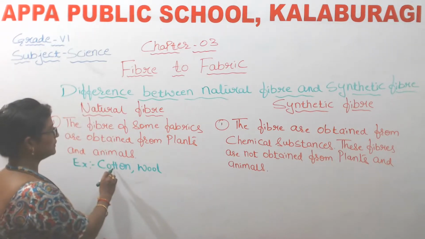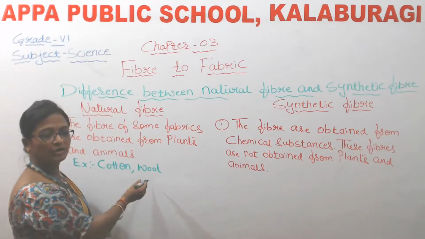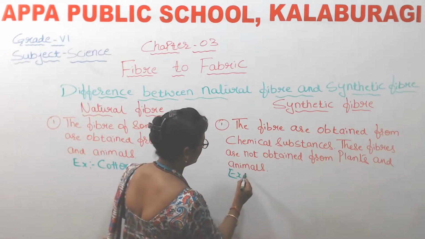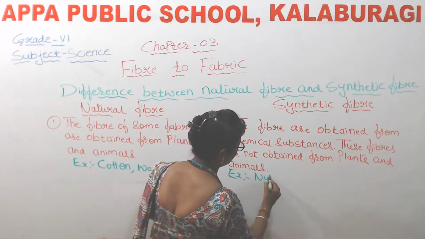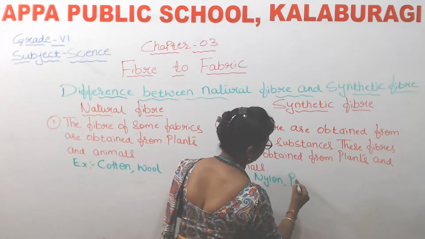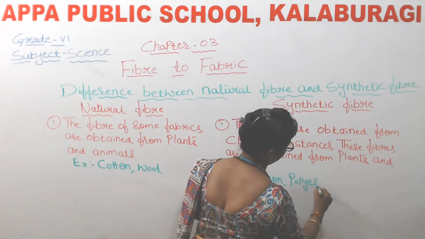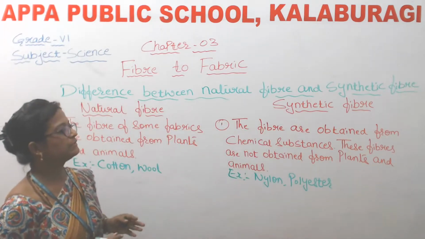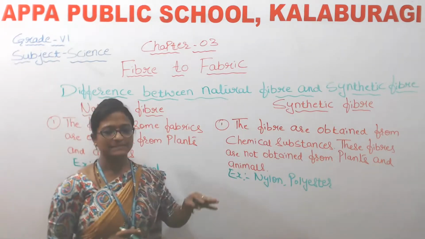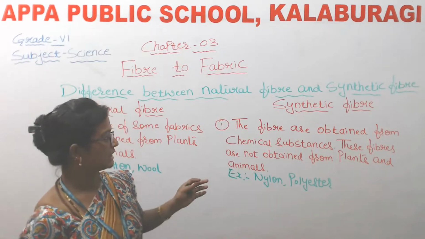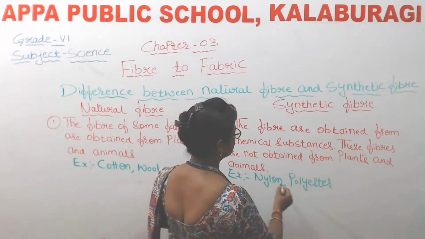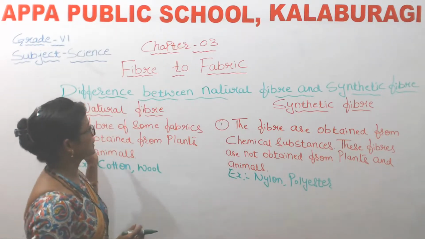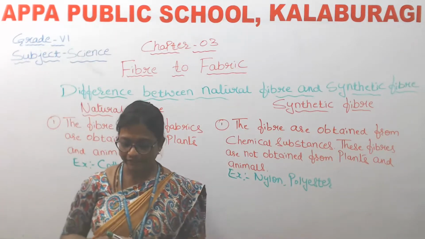Cotton we obtain from plants and wool we obtain from animals. And here, these are obtained from chemical substances. By combining the chemical substances, these synthetic fibers are made. Okay, got the difference between the natural fiber and synthetic fiber.